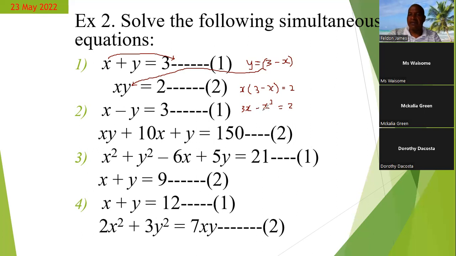Because this is a negative x squared, if you put it on the other side, it becomes positive. So you have to bring over the 3x on that side too. So you could write 0 on this side equal to, bring over the x squared, the negative becomes positive x squared. Bring over the 3x, positive 3x becomes minus 3x. And then now you plus the 2.